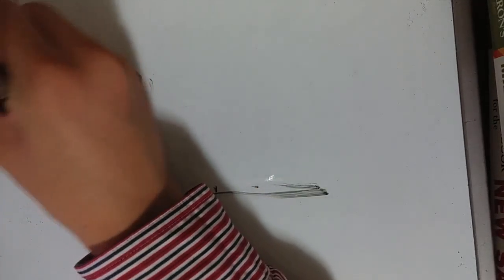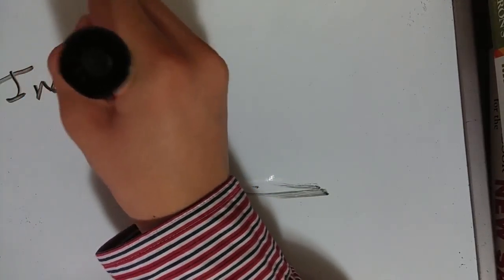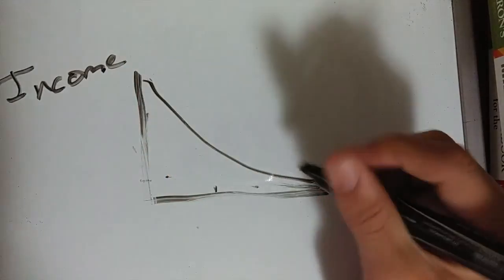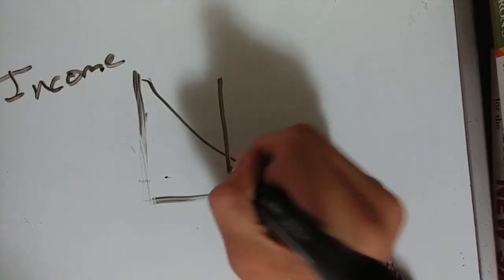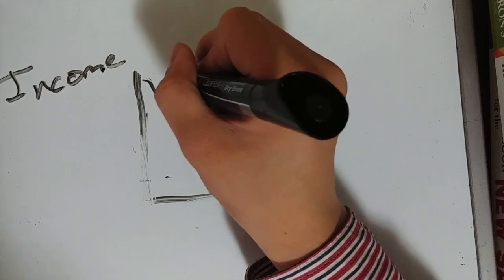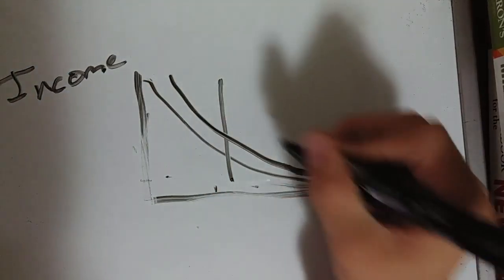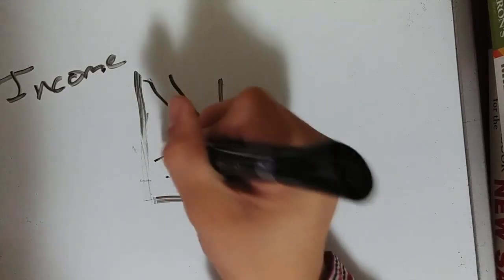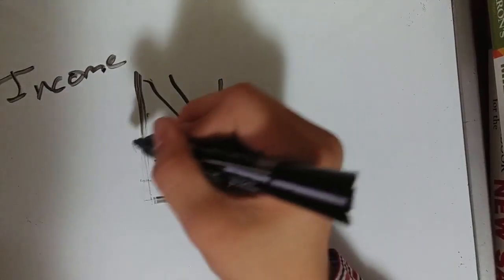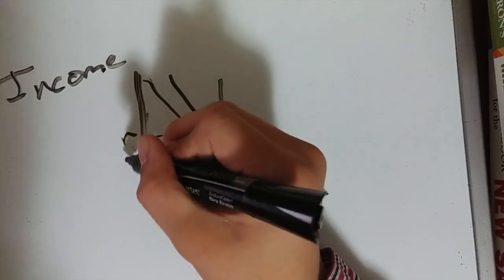Now, next we have income. So, income, if you increase income, it's going to shift the demand curve to the right, causing an increase in interest rate.